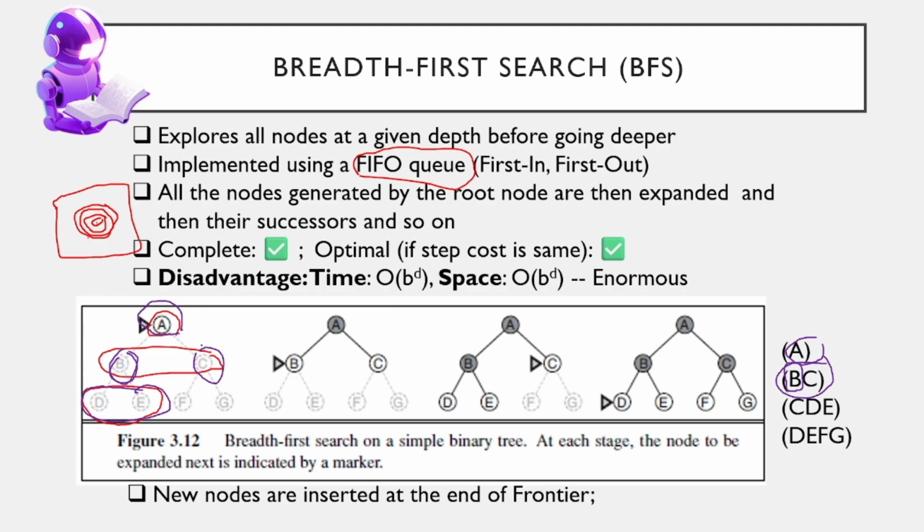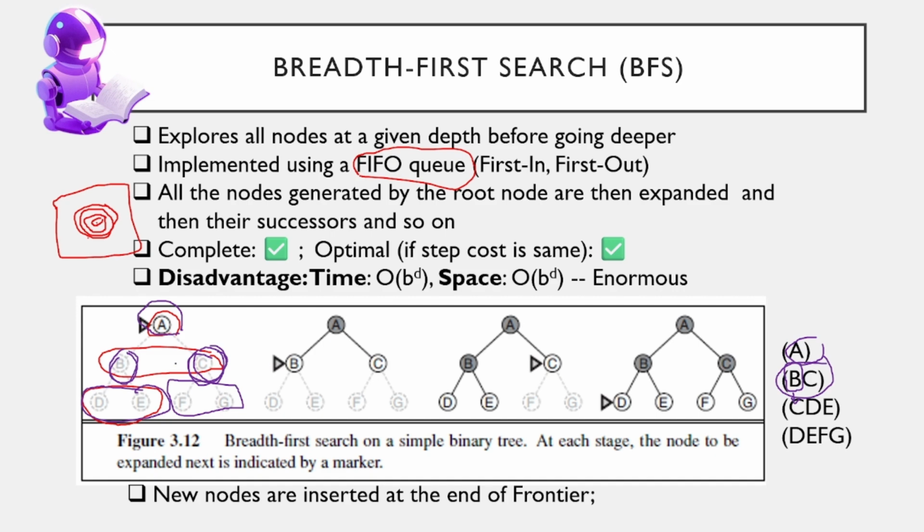Now we expand C. Because we expanded C, the children of C are F and G. So notice the pattern, the frontier keeps growing level by level.